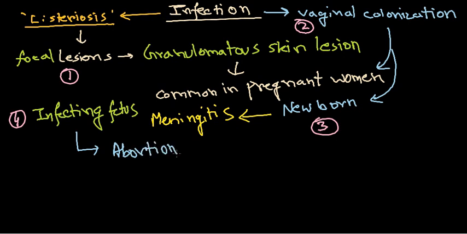In normal individuals, it won't lead to such dangerous effects. But in pregnant women and newborns, it causes meningitis, abortion, and other really dangerous outcomes. That is one reason. Another reason is the immunocompromised people.